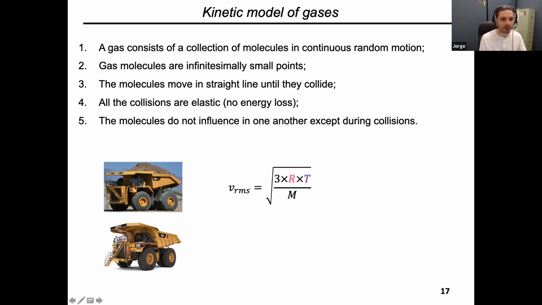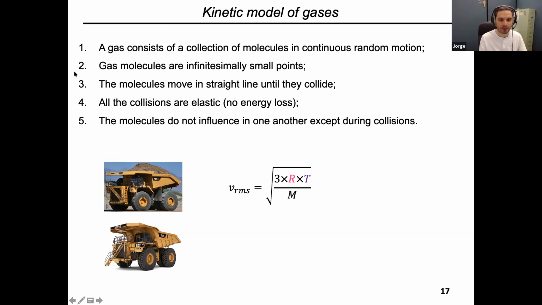The first hypothesis here is that a gas consists of a collection of molecules in continuous and random motion. Remember that the gas state does not have its own volume. Therefore, the molecules are going to fill up the space that's available to them, and molecules in the gas state are moving in continuous random motion.